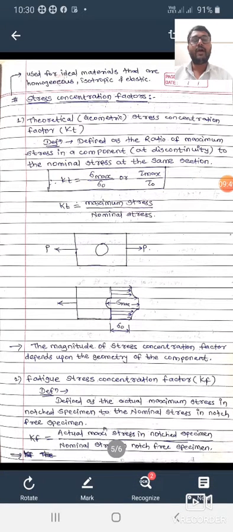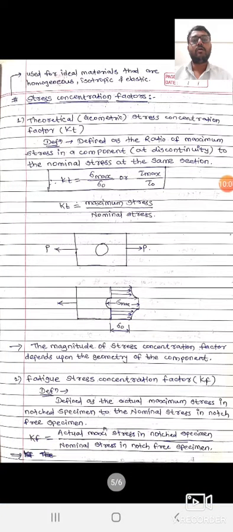It is defined as the ratio of maximum stress in a component, that is at the discontinuity, to the nominal stress at the same section. It is the ratio of sigma max to sigma O, or tau max to tau O, that is Kt equal to maximum stress upon nominal stress.